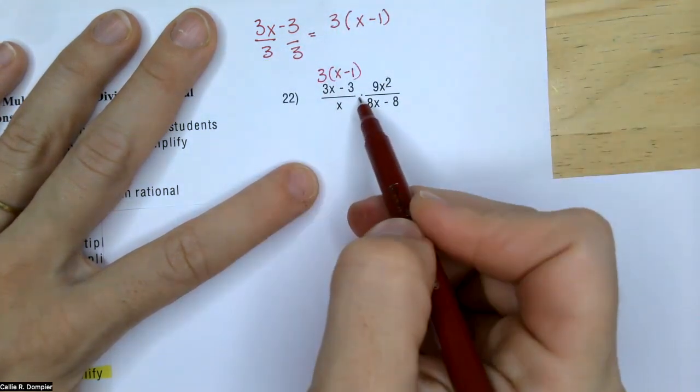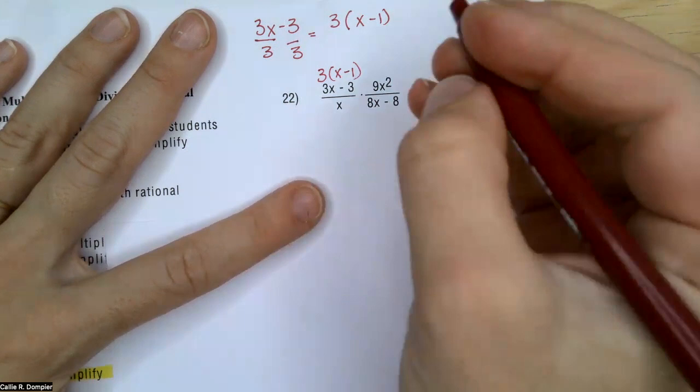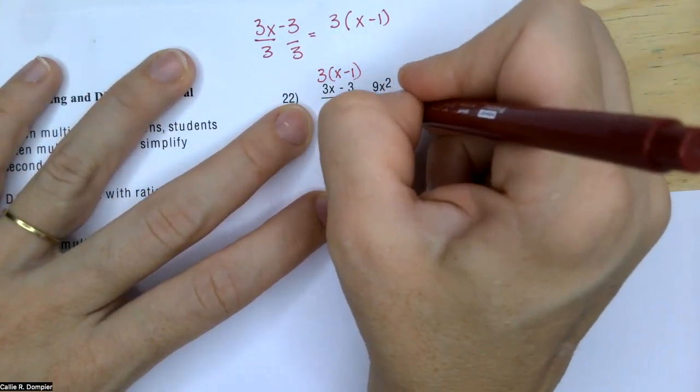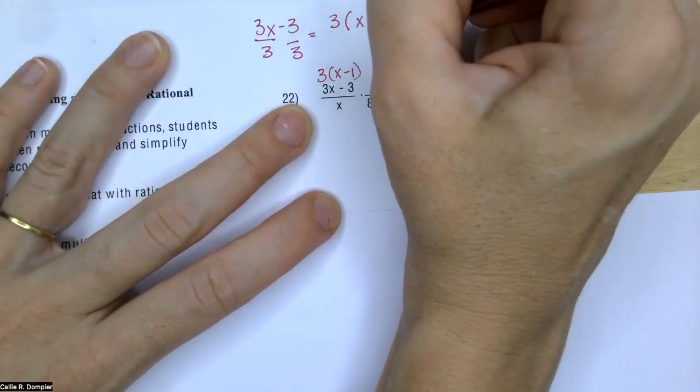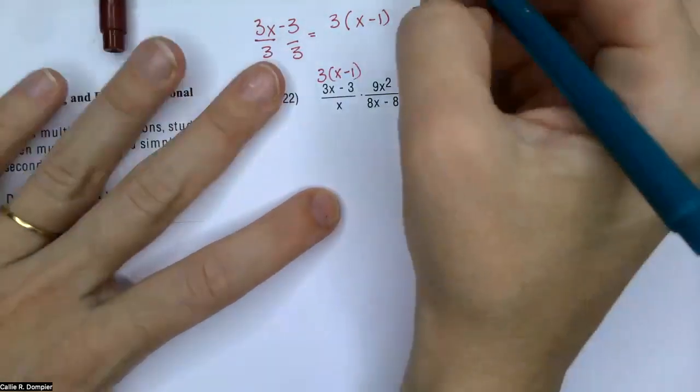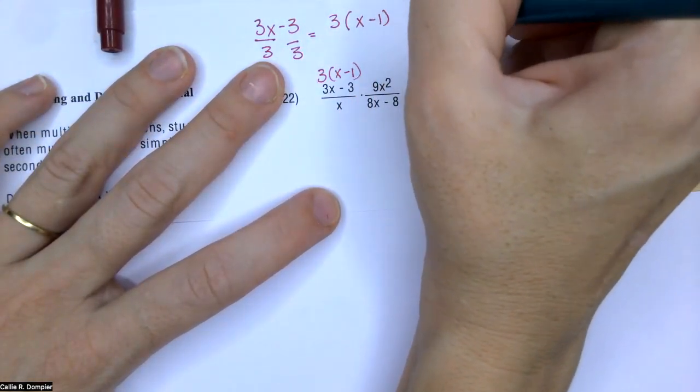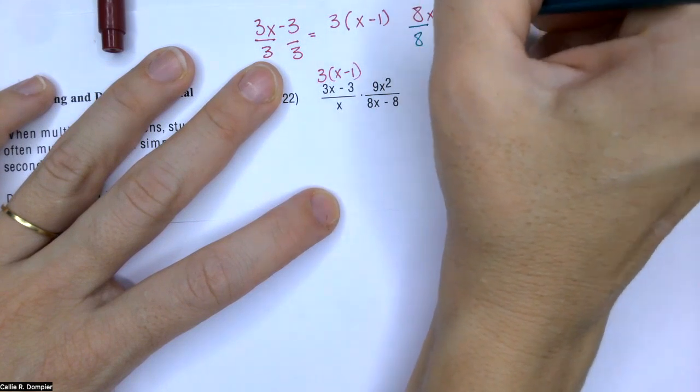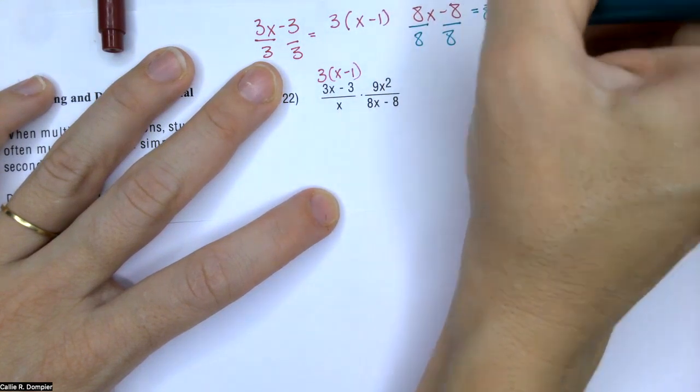So I'm replacing 3x minus 3 with 3 times x minus 1. Same with the 8x minus 8. What's the common factor? It's 8. So it's 8 times x minus 1.